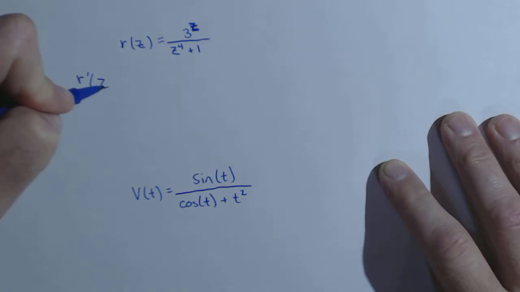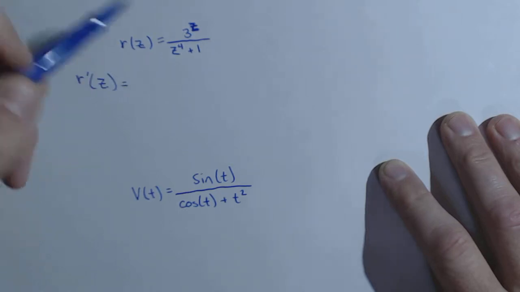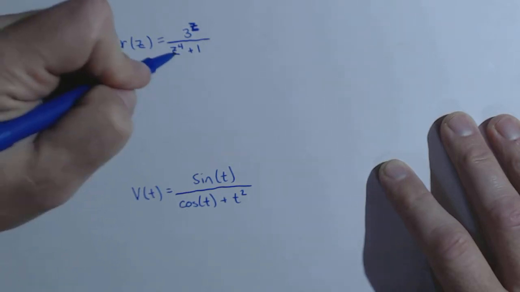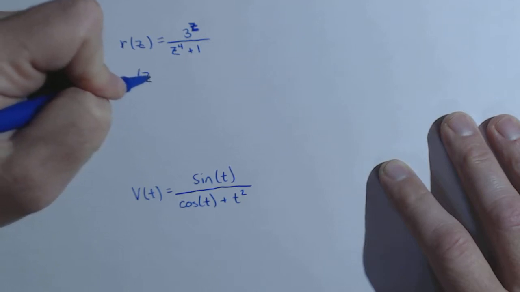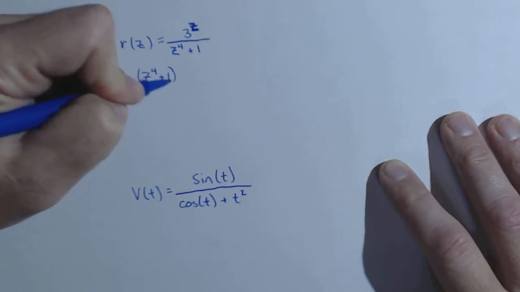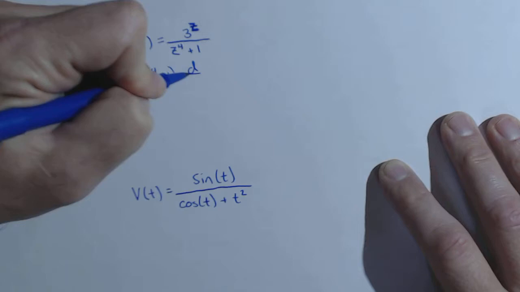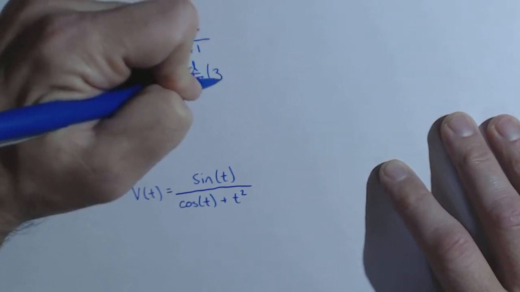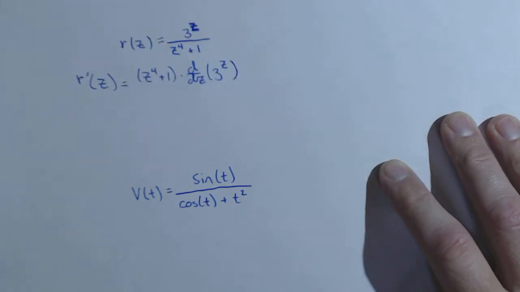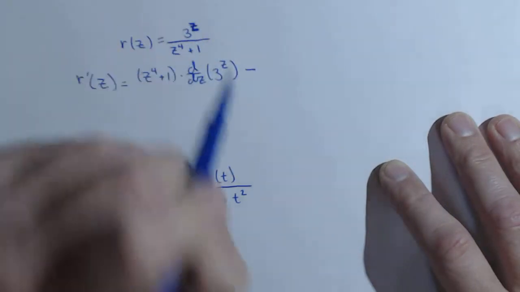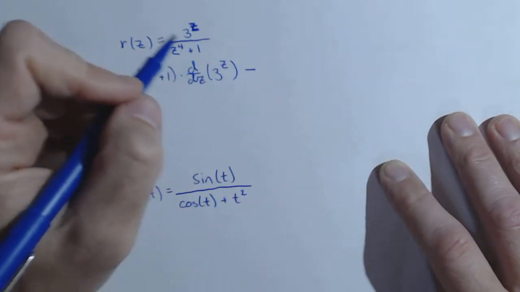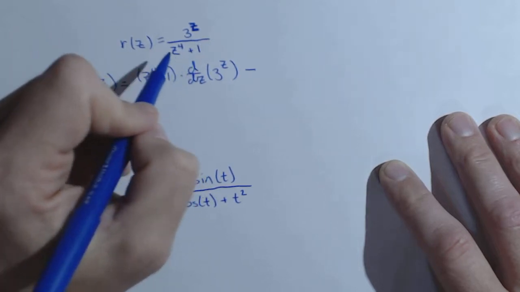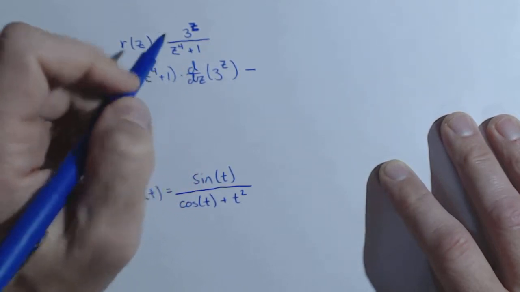So r prime of z is going to be the denominator, z to the fourth plus 1, times the derivative with respect to z of the numerator, so 3 raised to the z power, minus. This time the order does matter. It doesn't in the product rule. In the quotient rule it does.